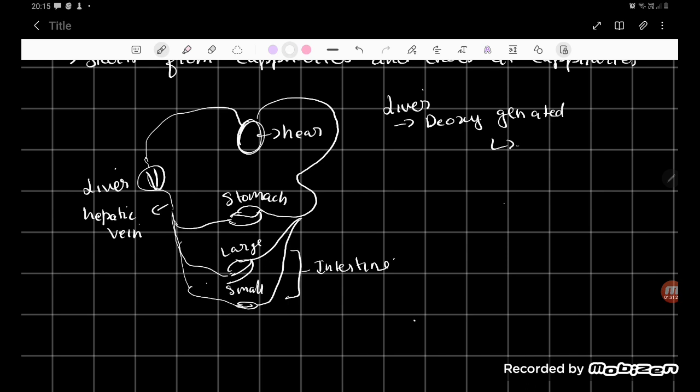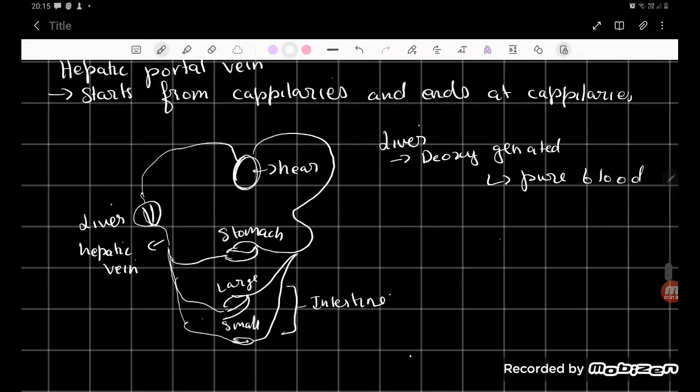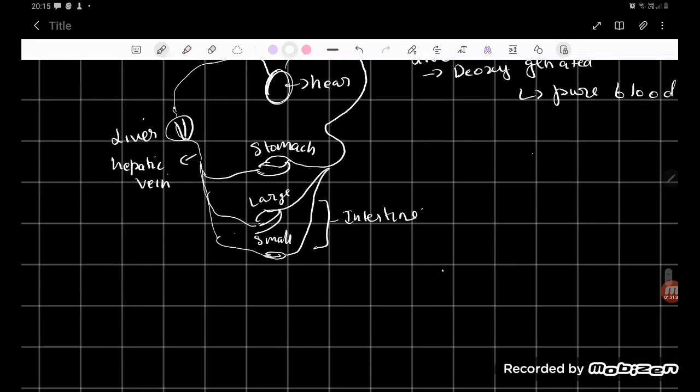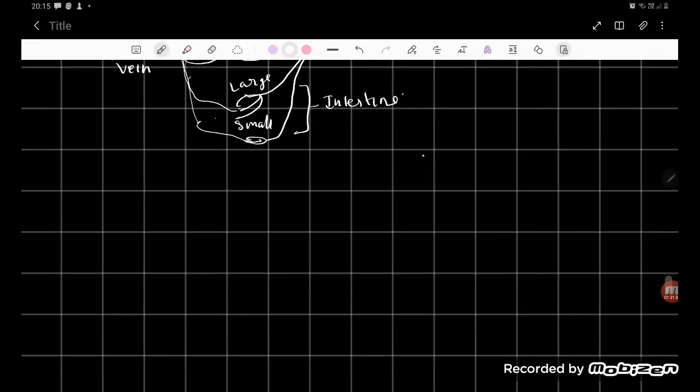Deoxygenated but pure blood because it is kind of detoxified there. Sorry for my scribbling because I want to finish this fast.